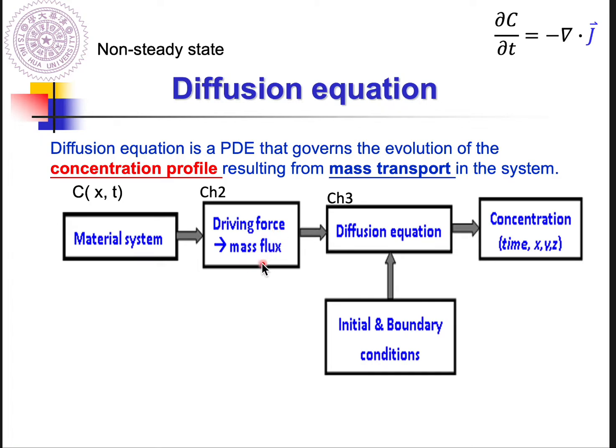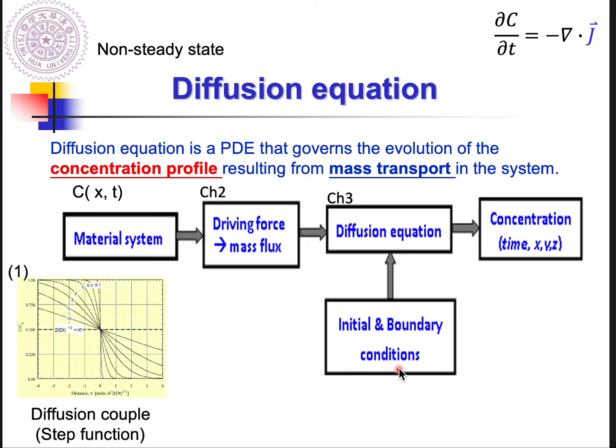As long as you have a flux, when you take the minus divergence of flux, you can complete the diffusion equation. You will get a diffusion equation for your material system. And in order to solve this and get the concentration profile, you need the initial and boundary conditions.